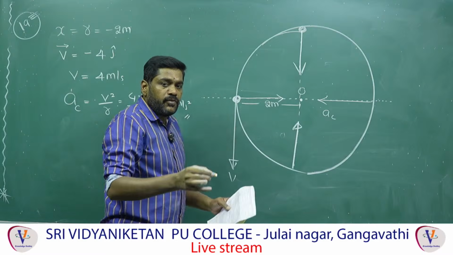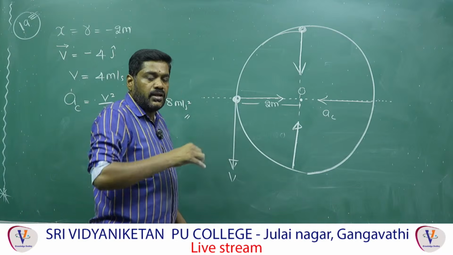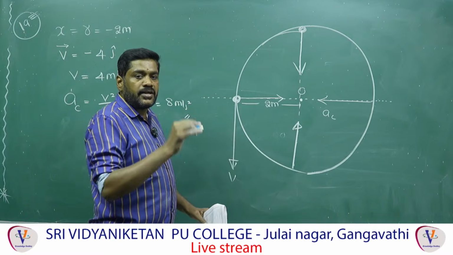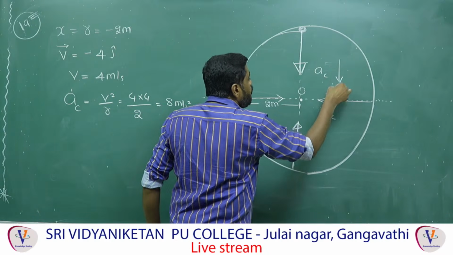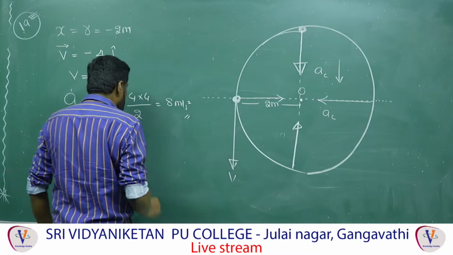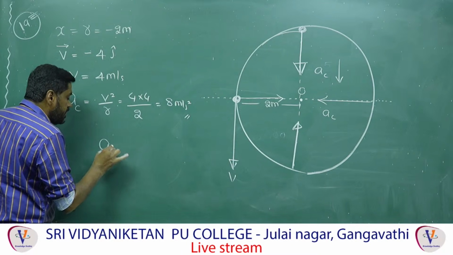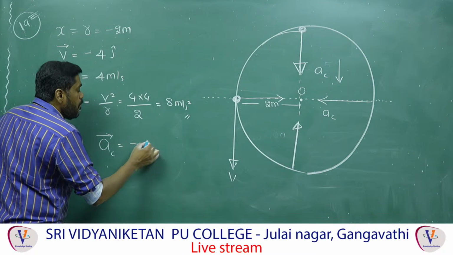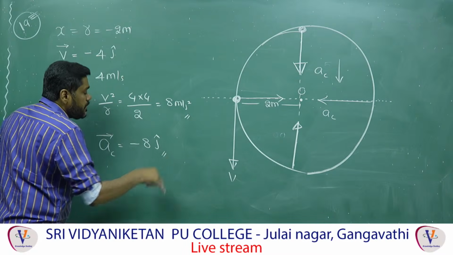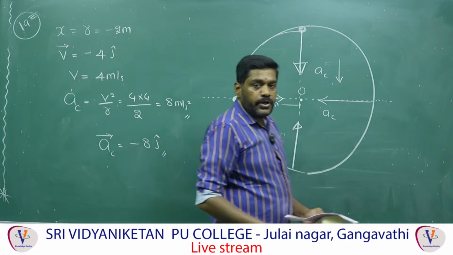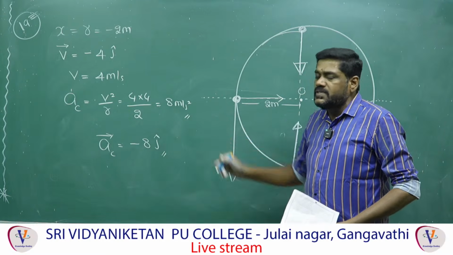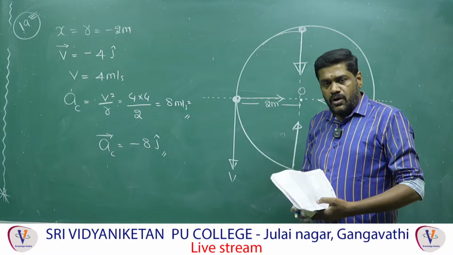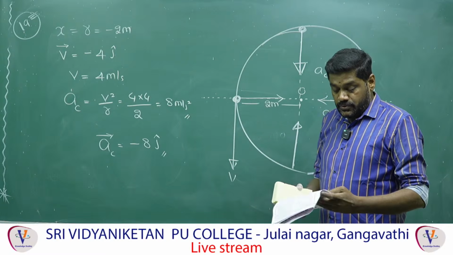So at each and every point on the path of this circle, the centripetal acceleration acts toward the center. Therefore, this is acting downward along the negative y axis. In vector form, AC is equal to minus 8 j cap, which is the answer. Be careful: if they asked only for magnitude, this is enough, but they are asking for vector form also. Next.